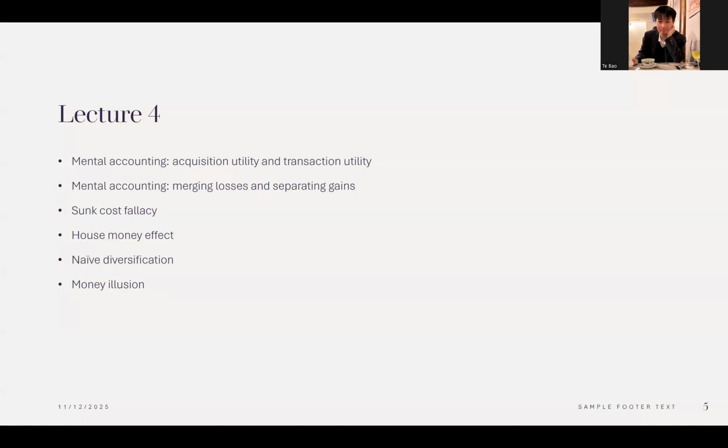There are also other examples of money illusion, for example different rounding rules. You may also have non-monetary ones, like in the probability domain.